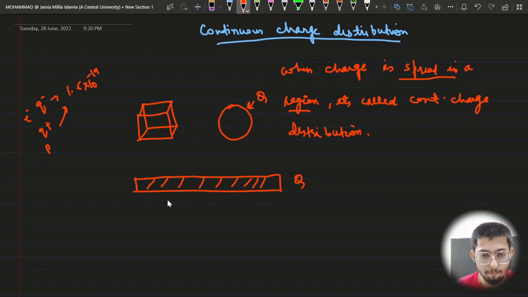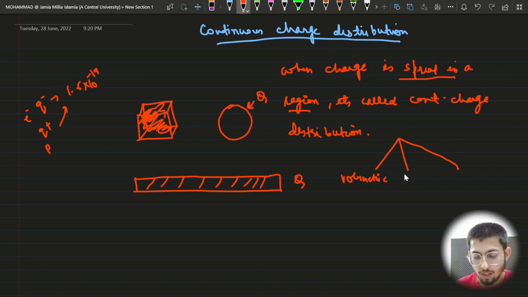There are three different types of charge distributions. One can be volumetric charge distribution, in which there is some volume in which a charge is there, for example this cuboid. Second is surface charge distribution, in which there is a surface area. For example, there is a rectangle or a square on which there is some charge.